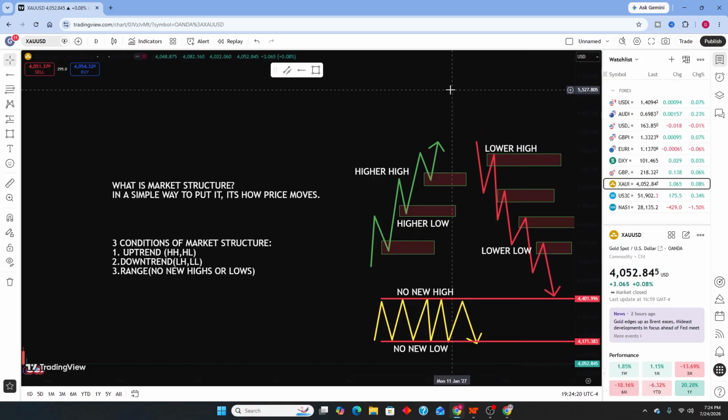Understand? Those are the resistance areas where sellers have already shown strength.